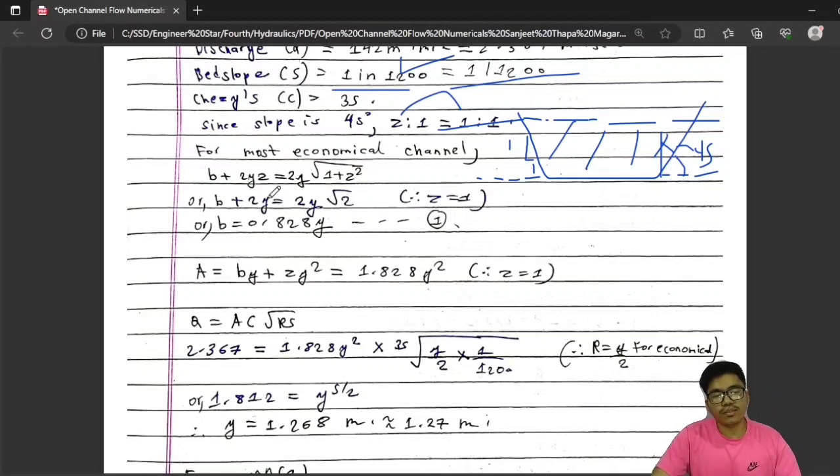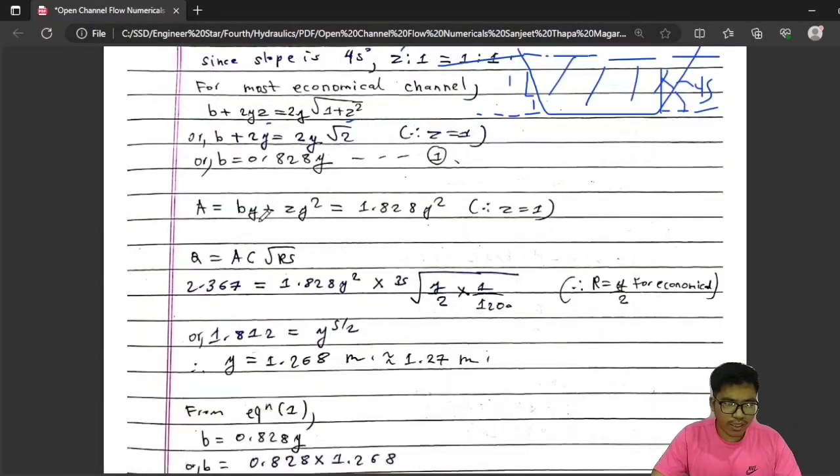B plus 2yz is 1, so b is 0.828y. So area is by plus zy square, where z is 1 and b is 0.828y. That means 0.828y square plus y square is 1.828y square.